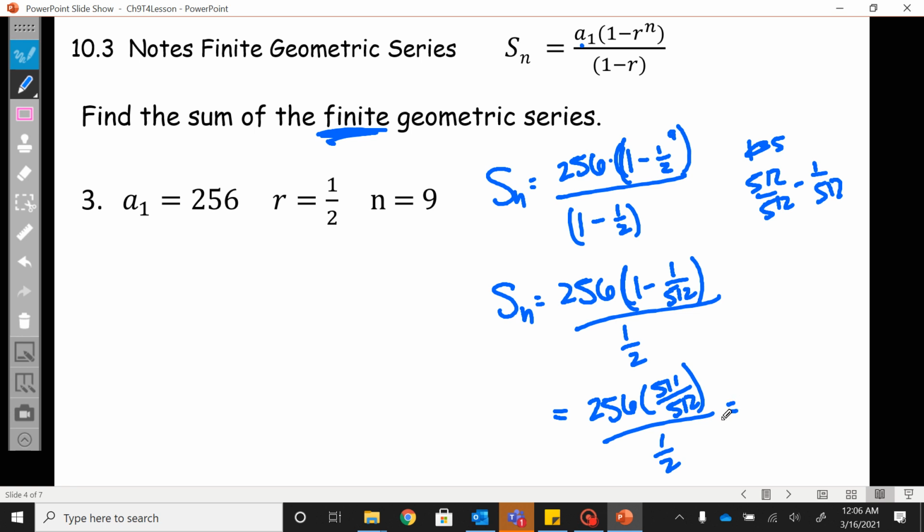Okay, so we have 256 times 511, which is 130,816. So that's this times this, the numerators. And the denominator I have 512, and then it's divided by 1/2. Okay, so let me rewrite this over here so I have some room to simplify it. So 130,816 over 512 divided by 1/2, which means it's multiplied by 2 over 1.